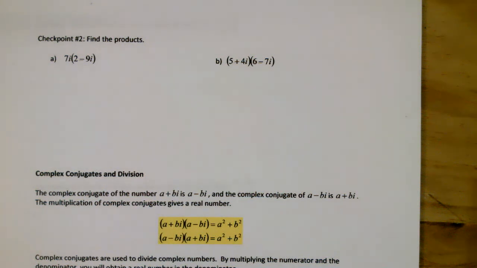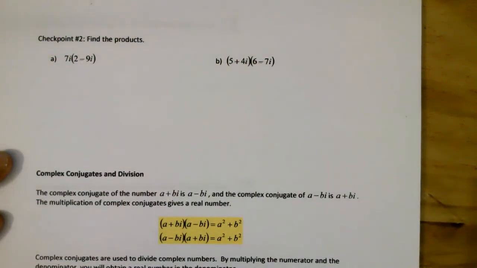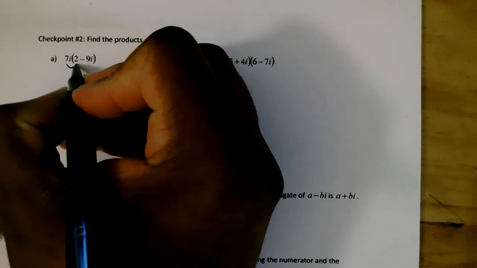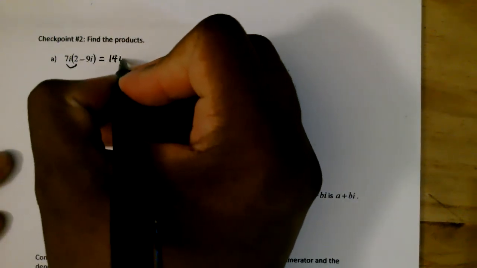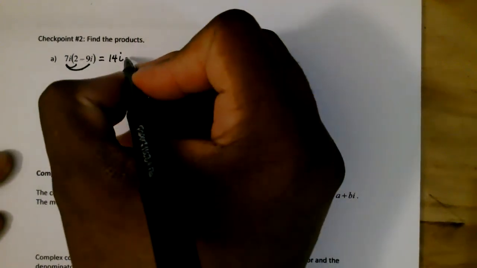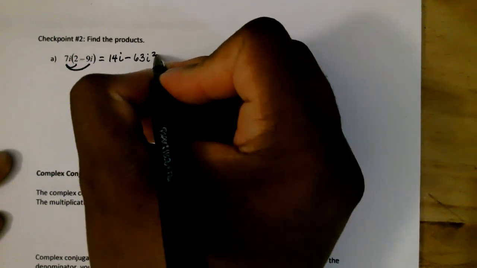Okay. So in part A, you got 7i times the quantity 2 minus 9i. So we got a pure imaginary number times a complex number. So we need to use the distributive property by doing 7i times 2. That's going to be 14i. And then 7i times minus 9i will be a minus 63i squared.